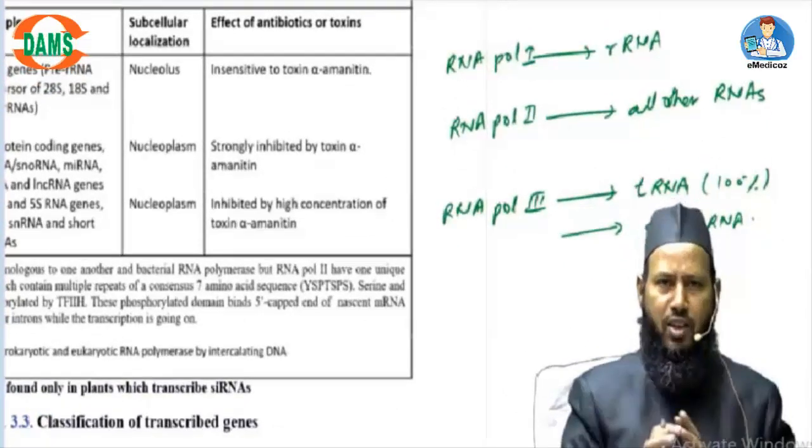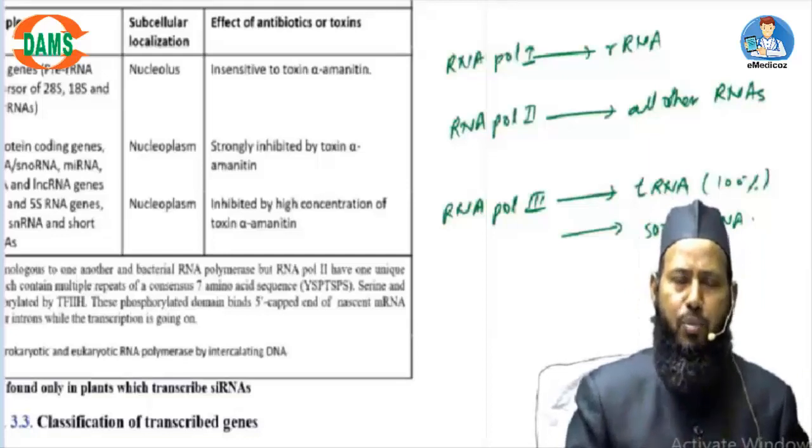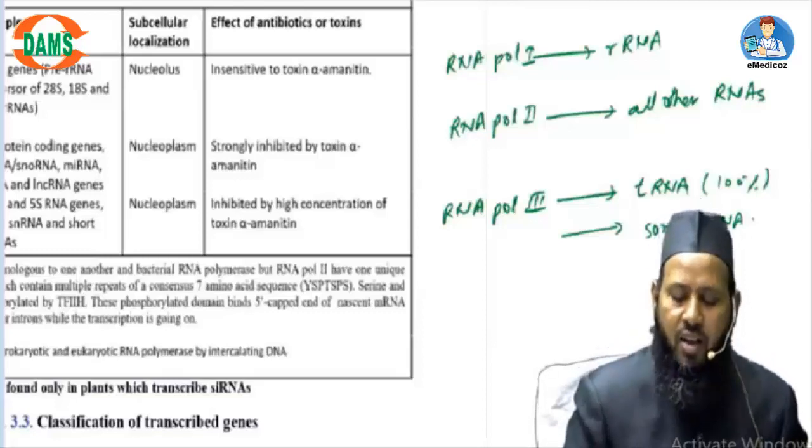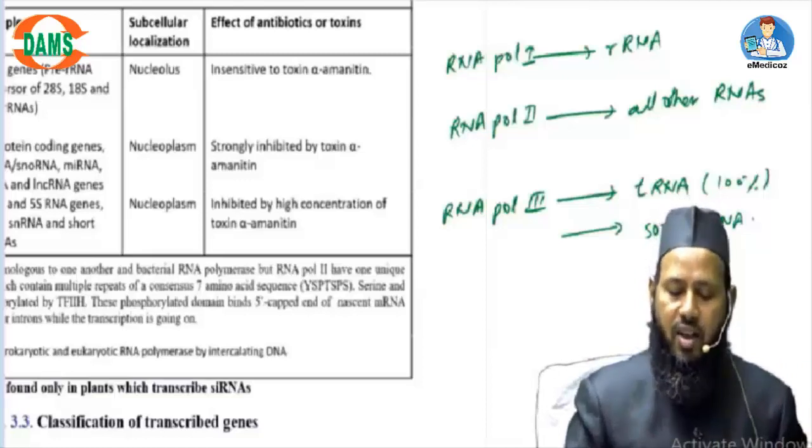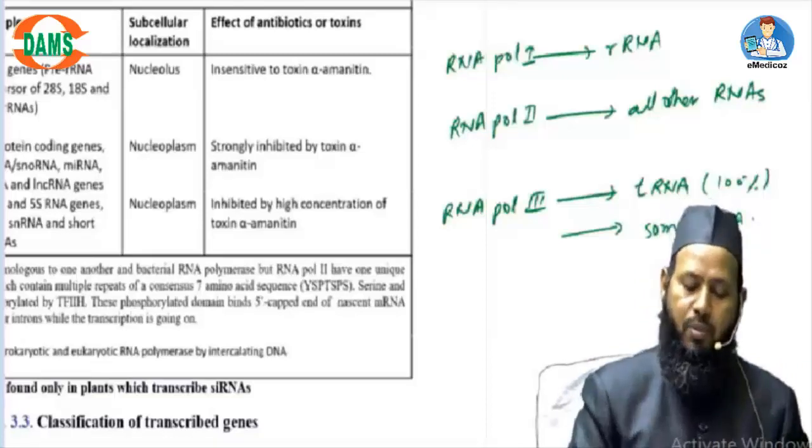Keep that in a simple way: RNA pol 1 transcribes ribosomal RNA, RNA pol 3 transcribes tRNA and some ribosomal RNA, and the rest of all the RNAs are transcribed by RNA polymerase 2.